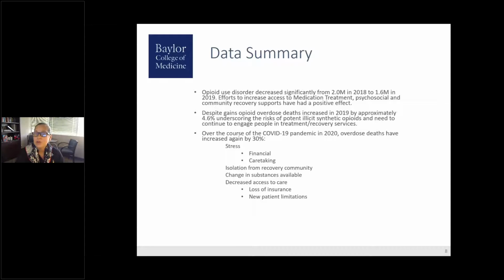And for some, that's meant an increase in access, but for many who do not have reliable internet connections or devices, that's really further limited access to care.